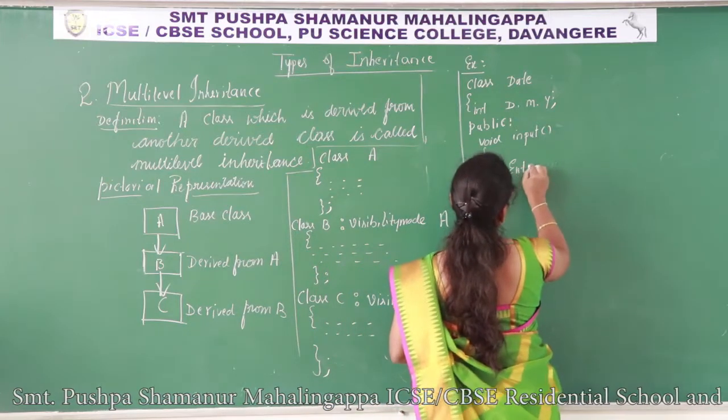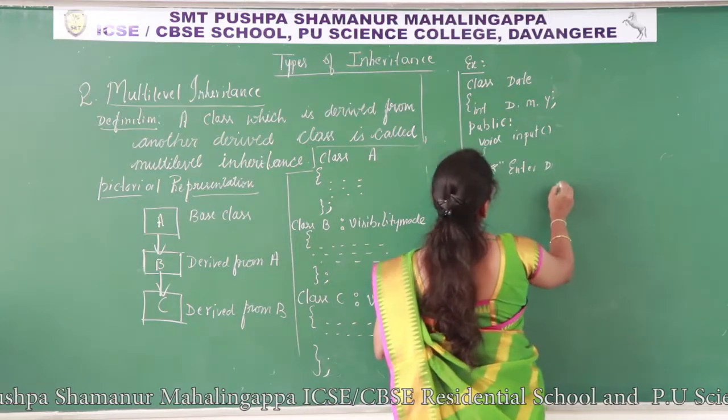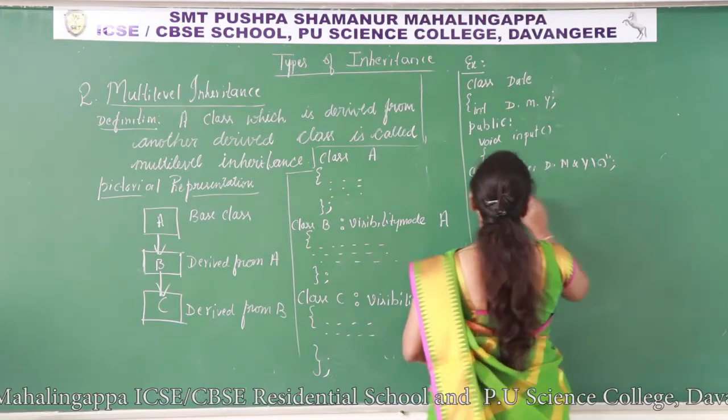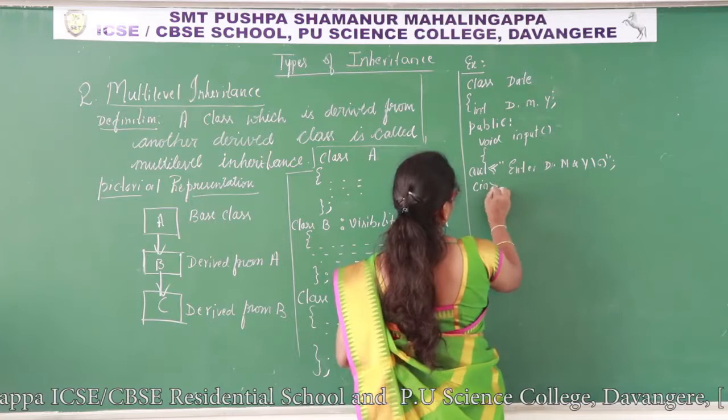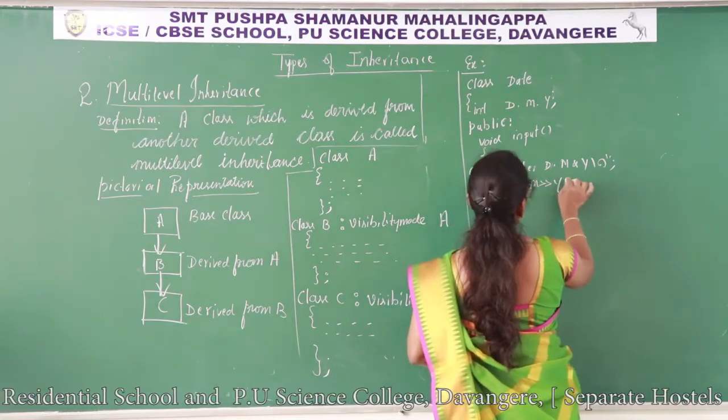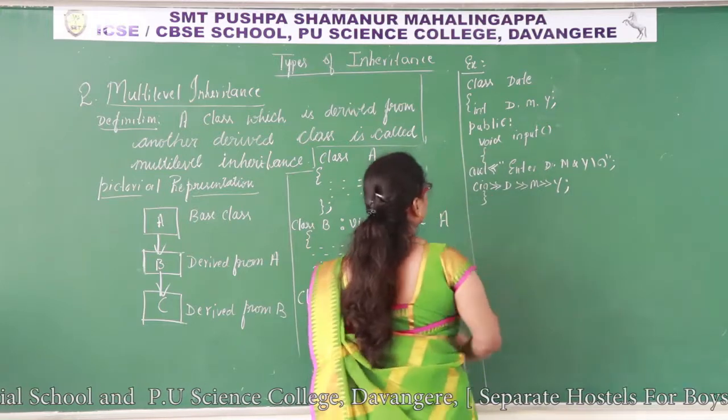cout, Enter day, month and year. cin extraction day, extraction month and extraction year. Close.